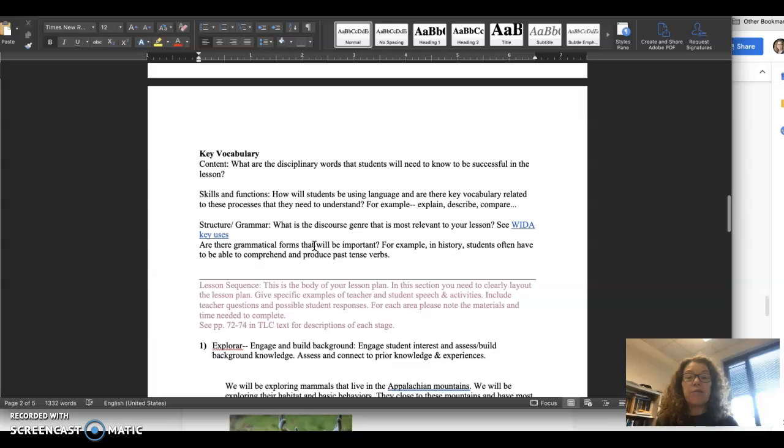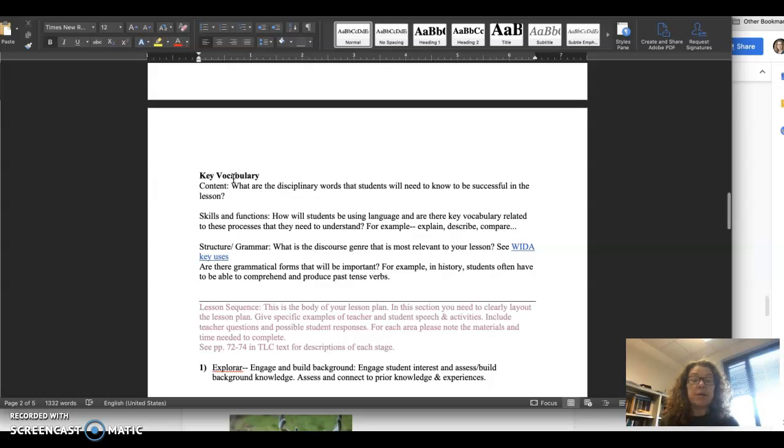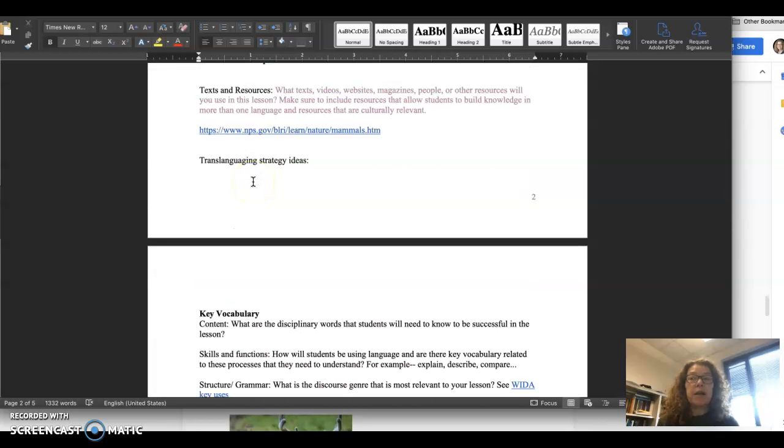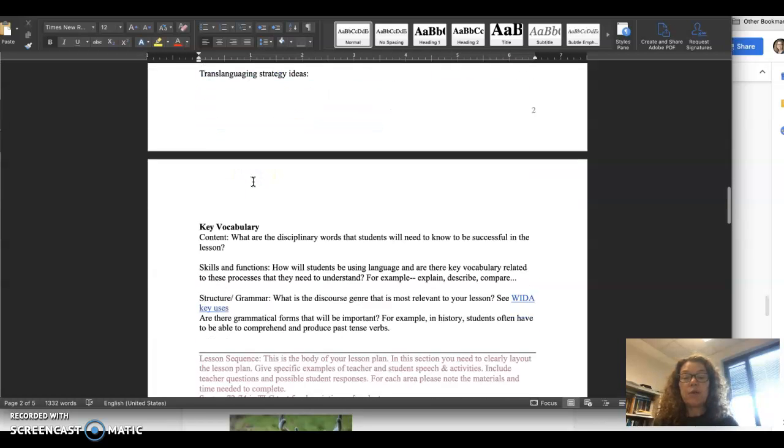All right, and then for your vocabulary, since we're just talking about one lesson, you want to pick out maybe 2 or 3 key vocab that you're really going to get the kids to focus on. And this might be population, and it might be change. And then in terms of skill, think about it: what's the main skill that they're going to be doing?